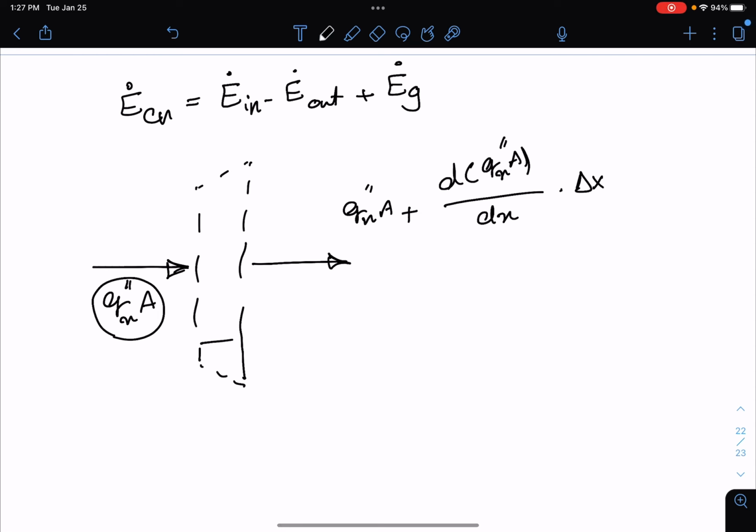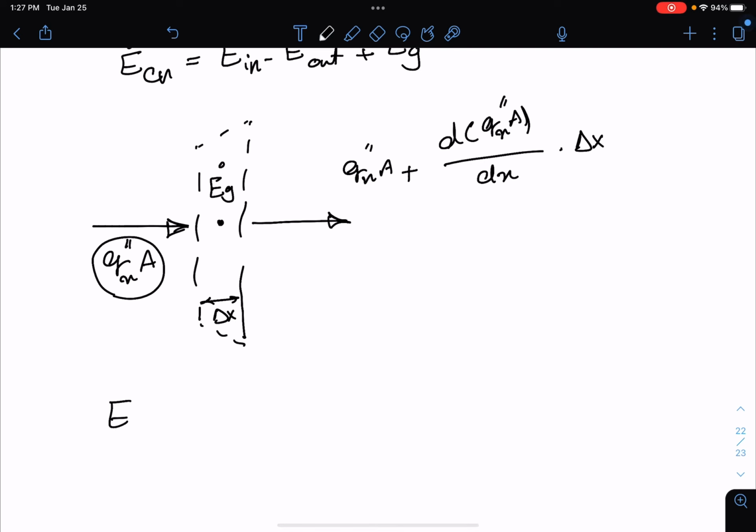The length of this control volume. And inside of this control volume, we may have some energy generated. Okay?